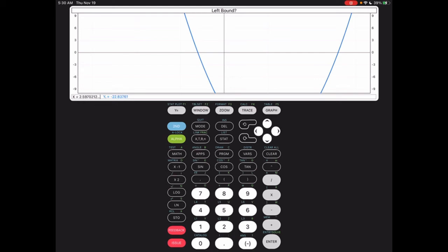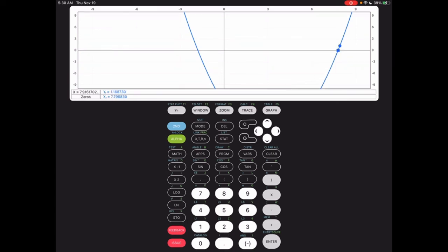So I'm going to keep going until the cursor shows back up, which should be right around now. It's currently to the left of the other 0, so I'm going to hit enter. Tap it over to the right a few more times and hit enter. And it gives me the 0 below the graph is 7.796.